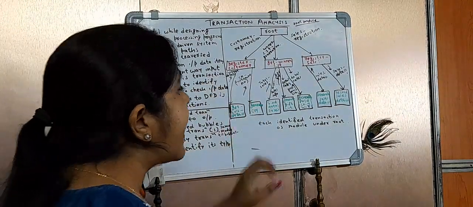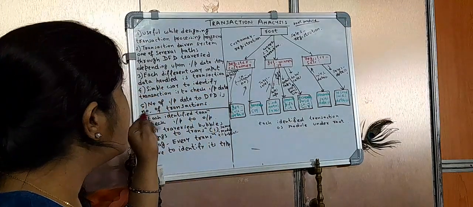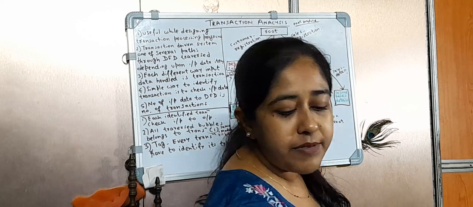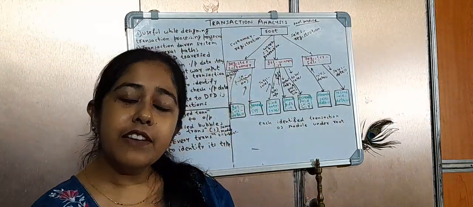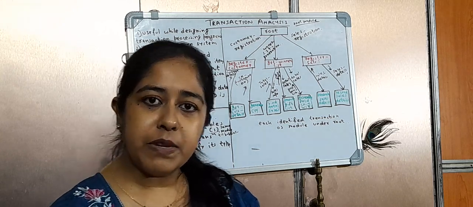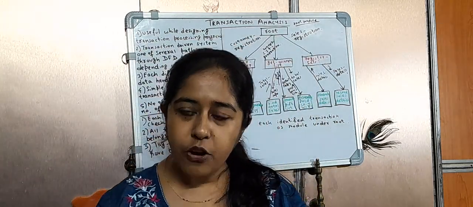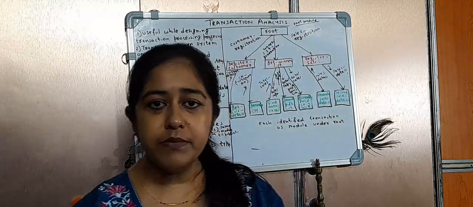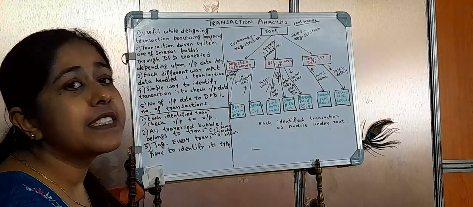Now why are they using this kind of transaction analysis chart? These are useful while designing transaction processing programs. As we have seen previously in transform analysis, there we were working with the modules. But if you have transaction-type problems, that is where you use the transaction processing system.